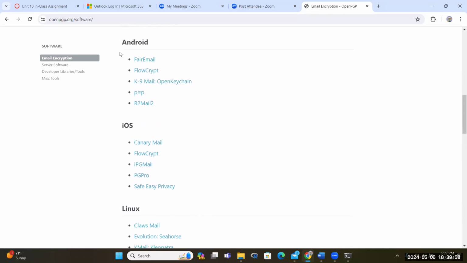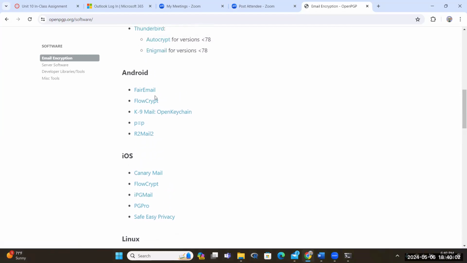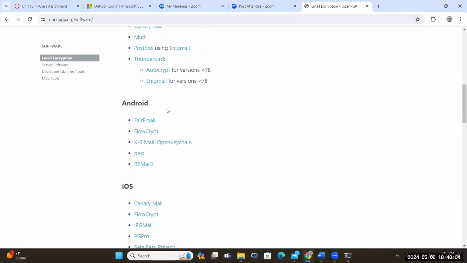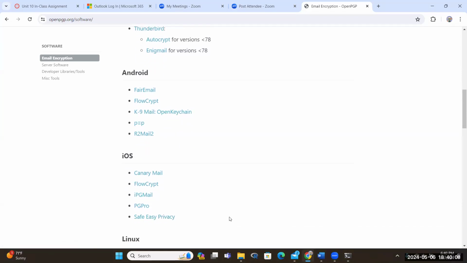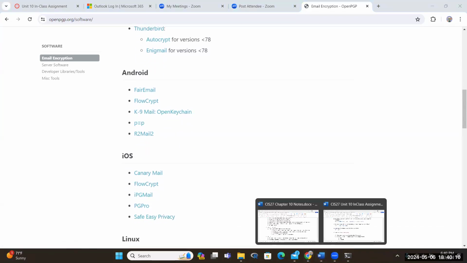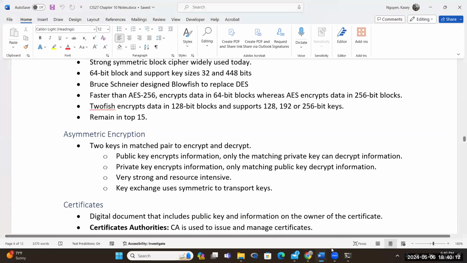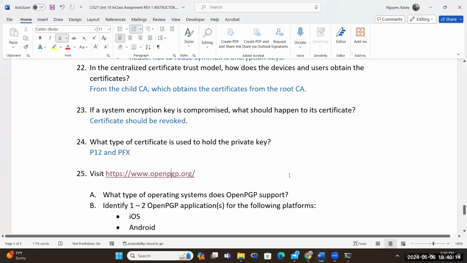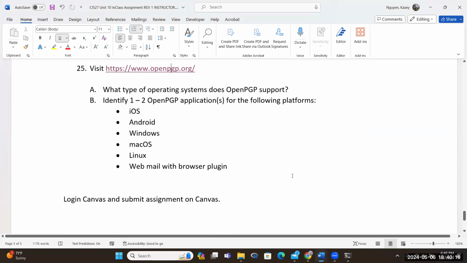But if you're using all the other OSs, like iPhones or iPads, Android, there are many different options. Okay, and then under each one, I just want you to identify a couple of the products that you can use.